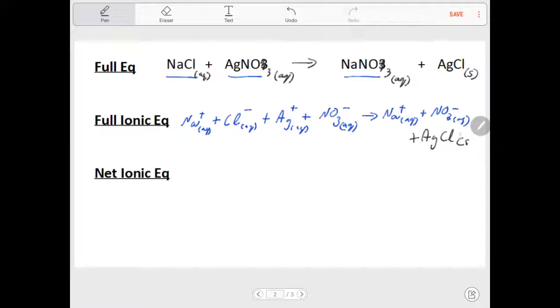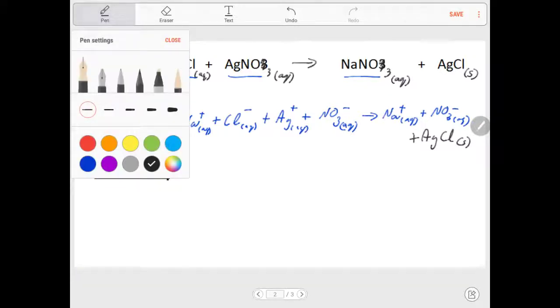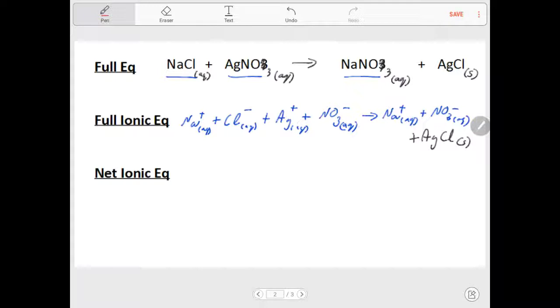So now, next task is to identify the spectator ions. So you might want to pause the video and try that yourself. Let's do it. Sodium is aqueous on both sides of the equation, and nitrate is too.